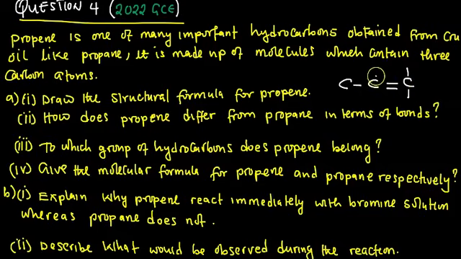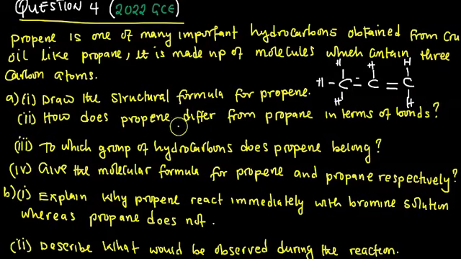This one is bonded to 3, so it only needs 1 hydrogen. This one bonded to 1 needs 3 hydrogens. So it will be written like this. This is propene.